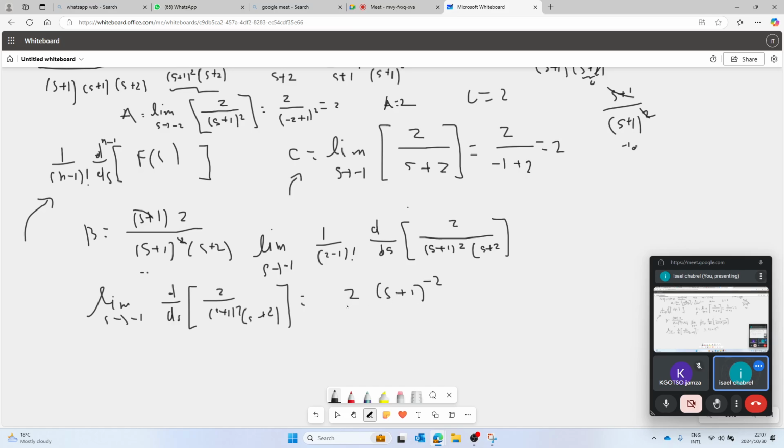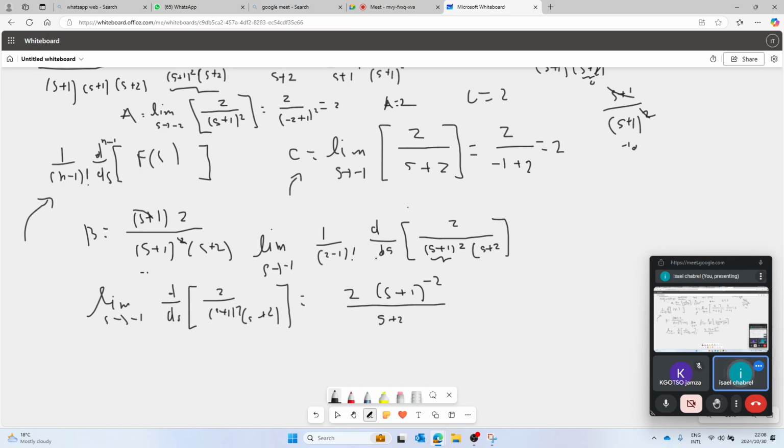Without forgetting, our s plus 2 is still here. I hope you see what's happening. I'm only differentiating this guy. Why this guy? Because this thing is acting like a partial derivative. Instead of saying differentiation by part, that's the right word: partial derivative.